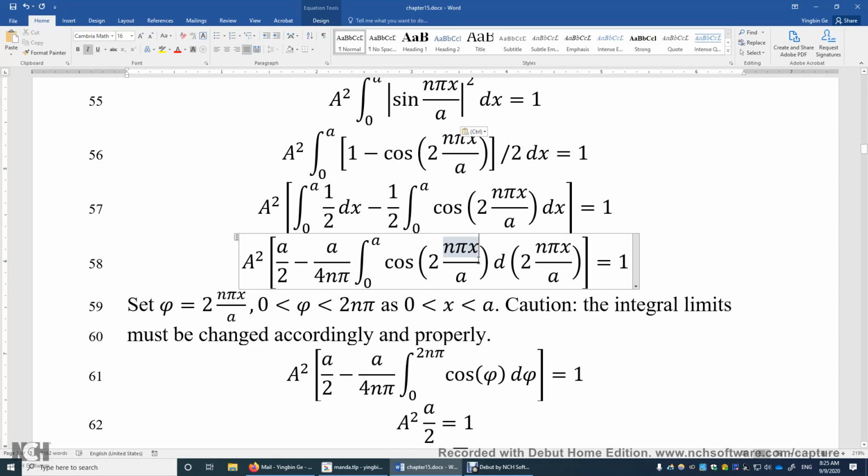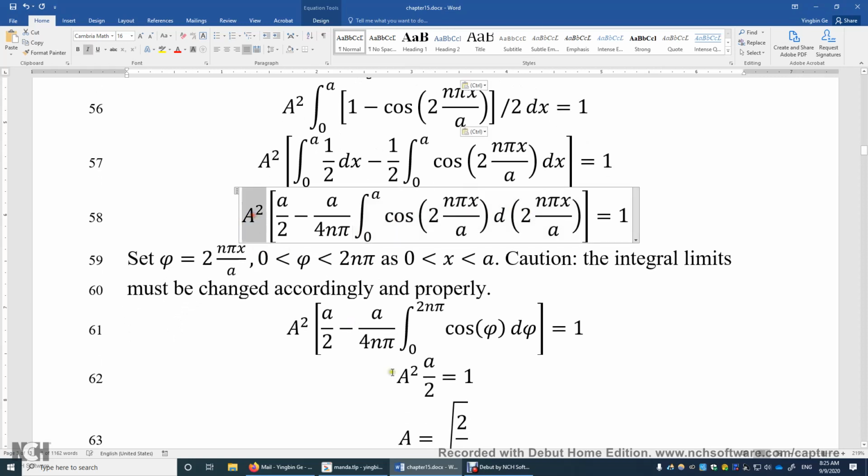You plug in x equals a, you get sine 2 n pi, which is also 0. So this integral is 0 minus 0. Okay, so we have A squared times just a over 2 equal to 1.